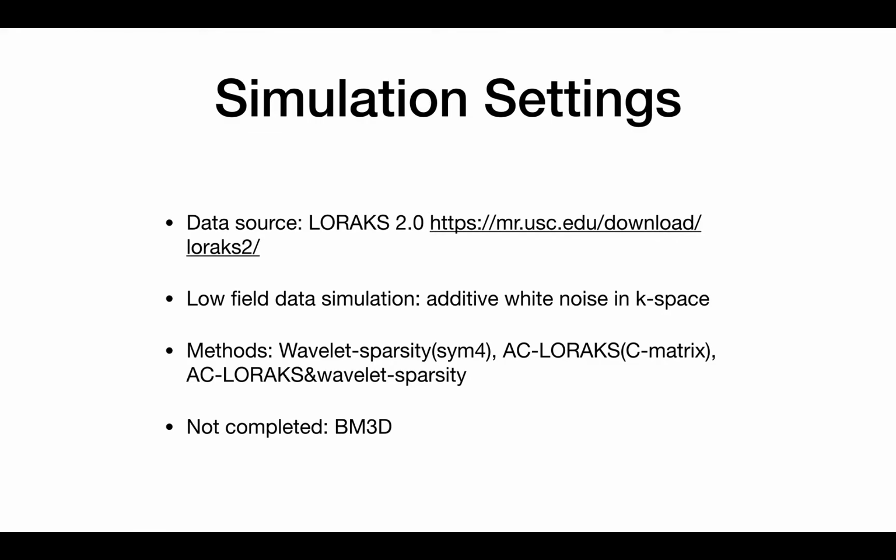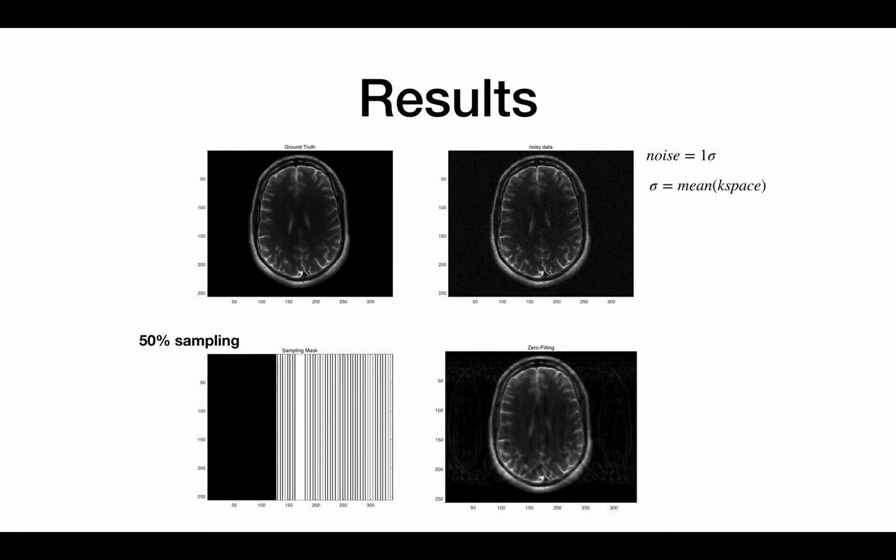I also tried some BM3D, but I have not got a good result, so I will say something about that, but I will not compare them. And here are the ground truth single image, the noisy data, the sampling mask I will use, and the last one is the zero-filling result from the undersampled data.